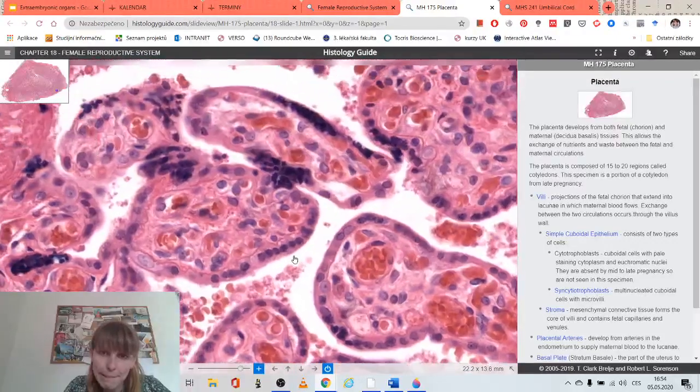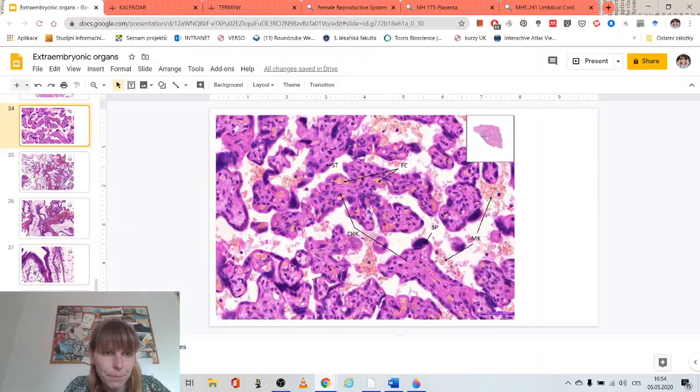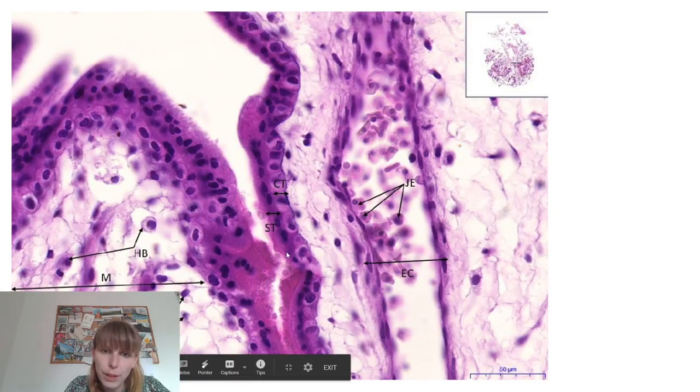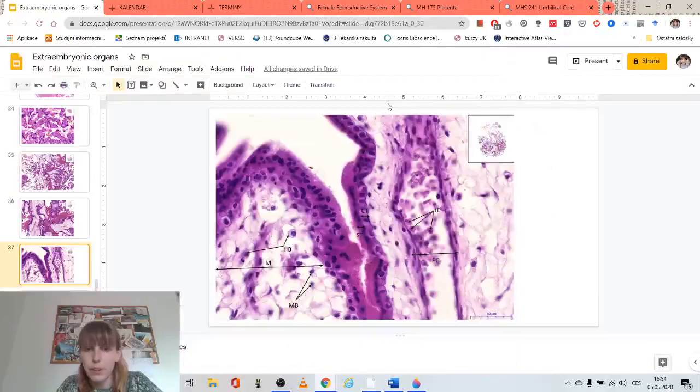So just to compare again, with this example of the first trimester, you would have cytotrophoblast and then syncytiotrophoblast, and in the blood vessels you would have a lot of nucleated cells, which would be precursors of the erythrocytes.